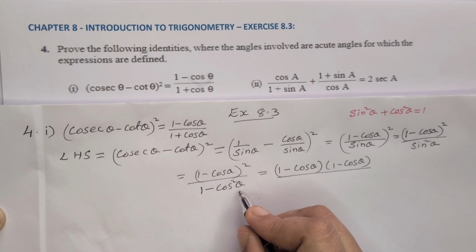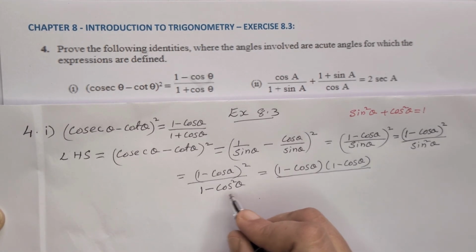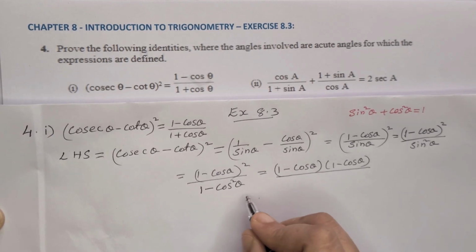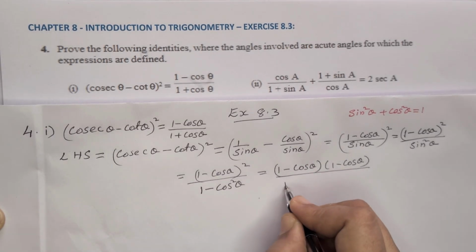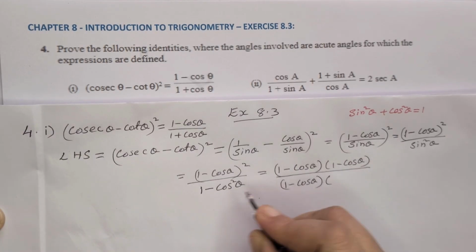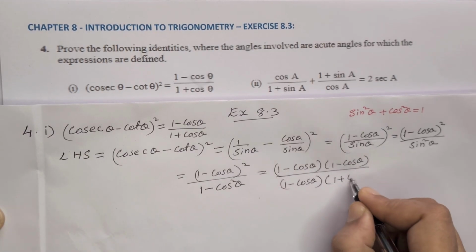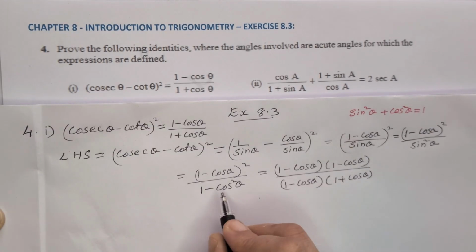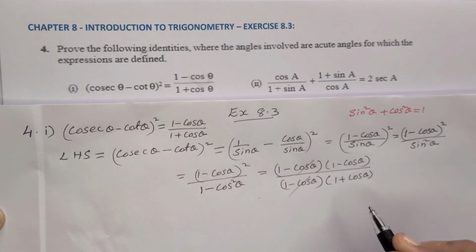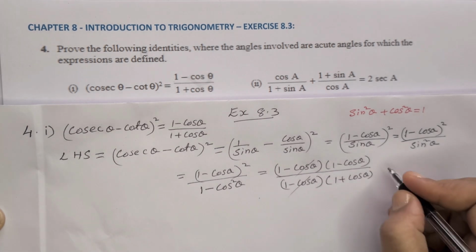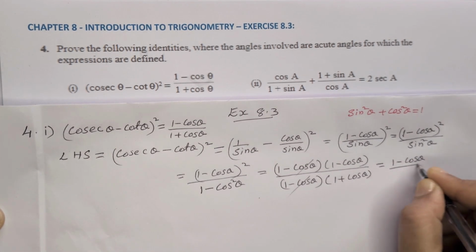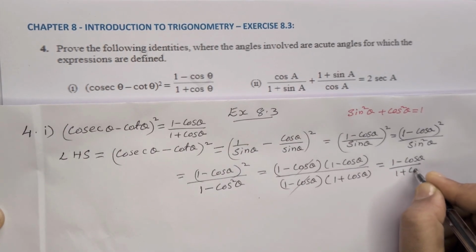Here 1 minus cos square theta is in the form a square minus b square. So we can write that as a plus b into a minus b, which means 1 minus cos theta, a minus b, then a plus b means 1 plus cos theta. So we can cancel 1 minus cos theta from numerator and denominator, and we are getting here 1 minus cos theta by 1 plus cos theta.